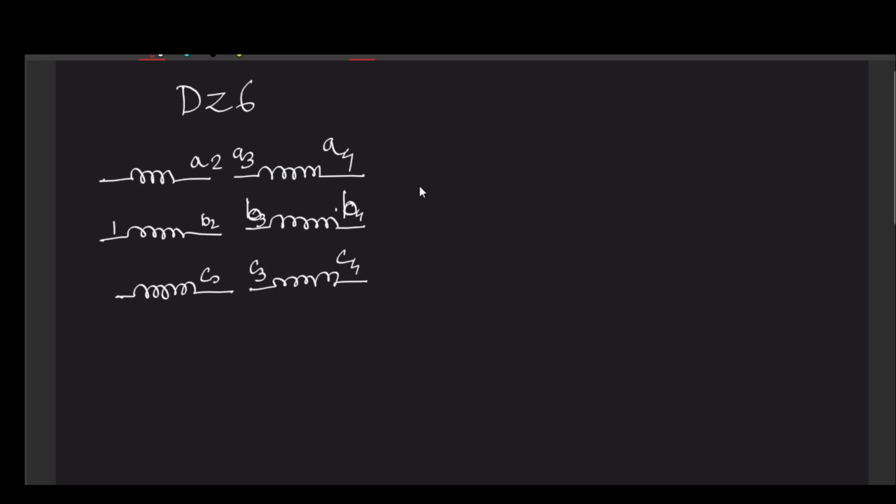Now, how to connect them in delta? Let me use different thing to make it clear.